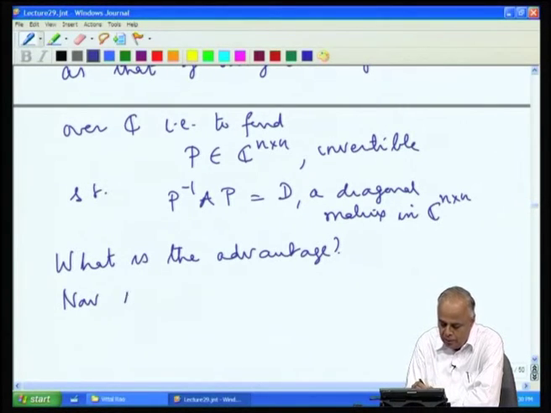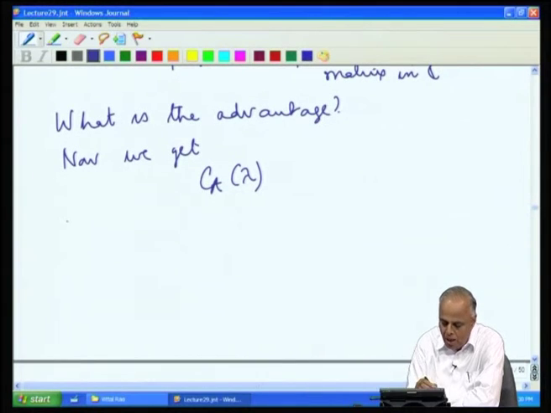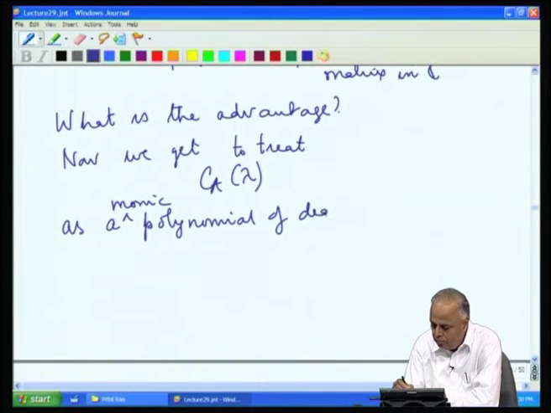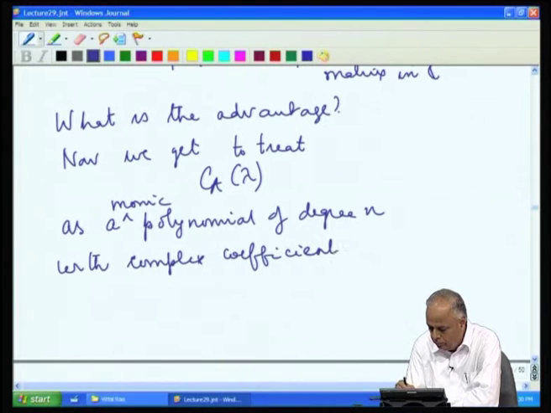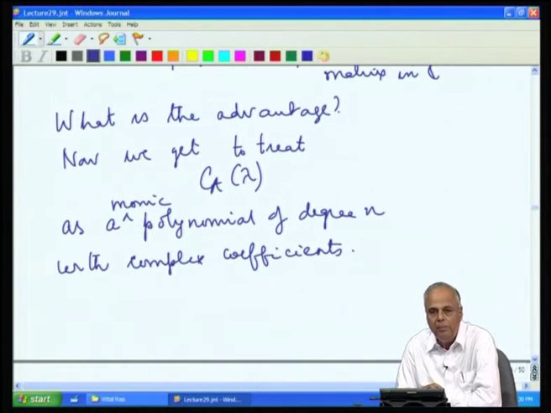Now, we get the characteristic polynomial C_A, which we can treat as a monic polynomial of degree n with complex coefficients, and the fundamental theorem of algebra says that if you have a complex polynomial with degree n, it will have n roots.